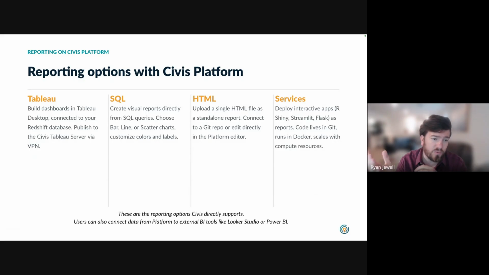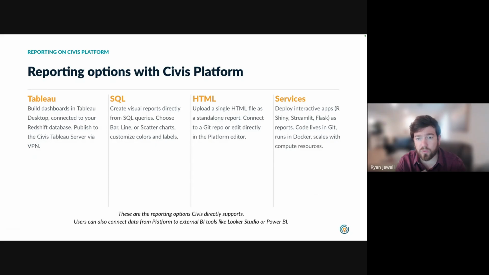But for Tableau dashboards, you utilize Tableau Desktop along with our Tableau server and our VPN to push your reports to our Tableau server and then to Civis Platform, where you can share them with platform users and create public links.